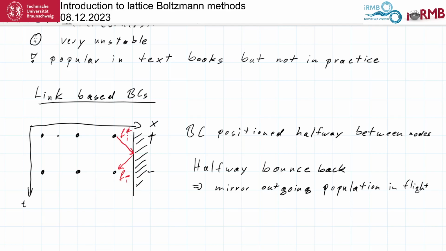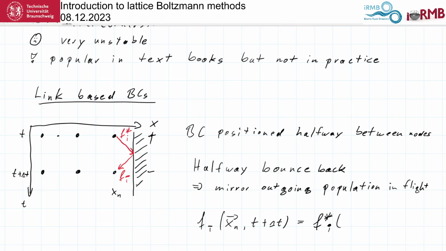So this will place it directly halfway, and we'll have the new distribution in the direction opposite to the wall at x_n, so this here is x_n. So this here is time t, and this here is time t plus delta t. At t plus delta t, it is equal to the outgoing distribution at the same place.